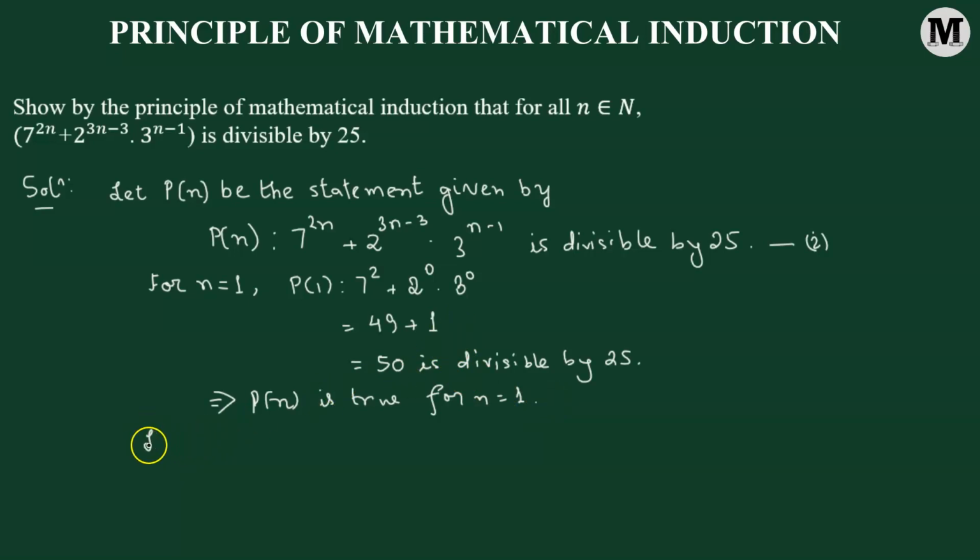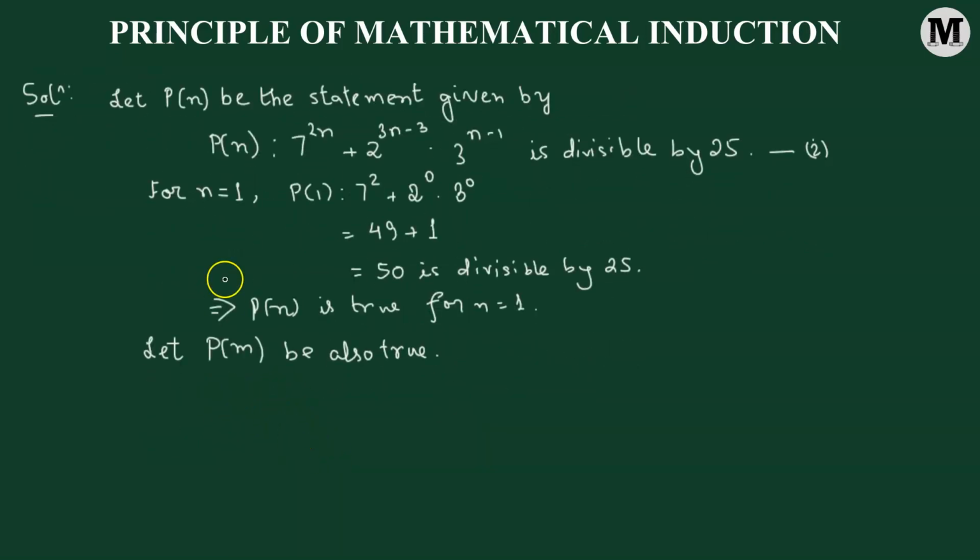So here we are going to begin with a supposition. We will suppose that P of m is true. We're saying that P of m is also true. So if P of m is true, then we have to rewrite our statement. We'll take the help of statement number 1 and use it to construct the statement P of m.